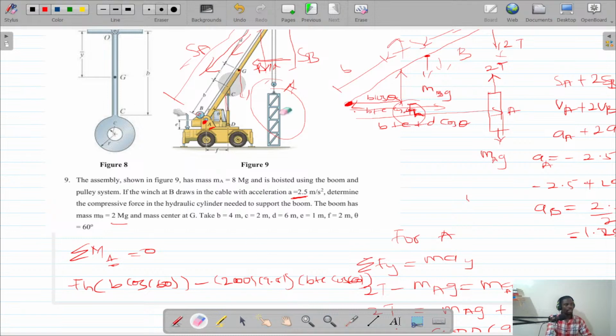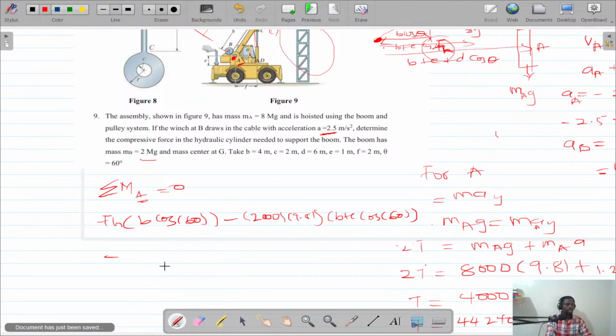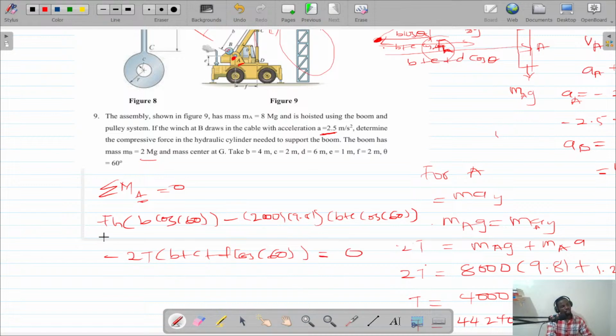Let me clean this part. Minus 2t multiplying B plus C plus D cos 60, and then it's equal to 0. So you see, the only thing we don't know is Fh, right?